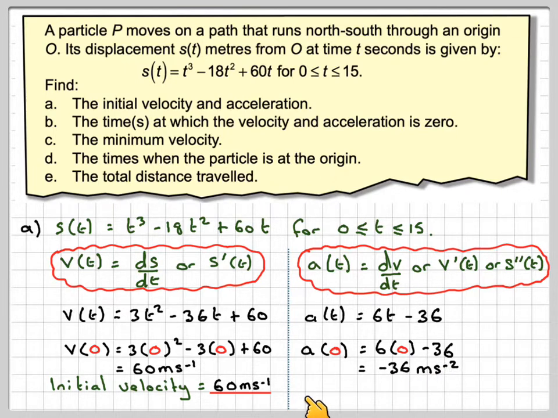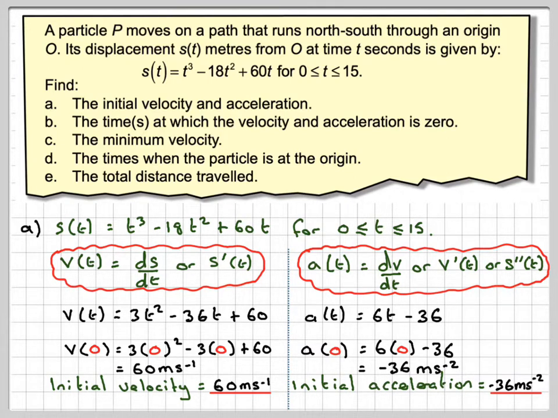So this is positive, it makes it go upwards, but this is negative, so it's going to eventually make it go slower and eventually make it change direction. This will be acting against the velocity here. So the initial acceleration is minus 36 meters per second squared.